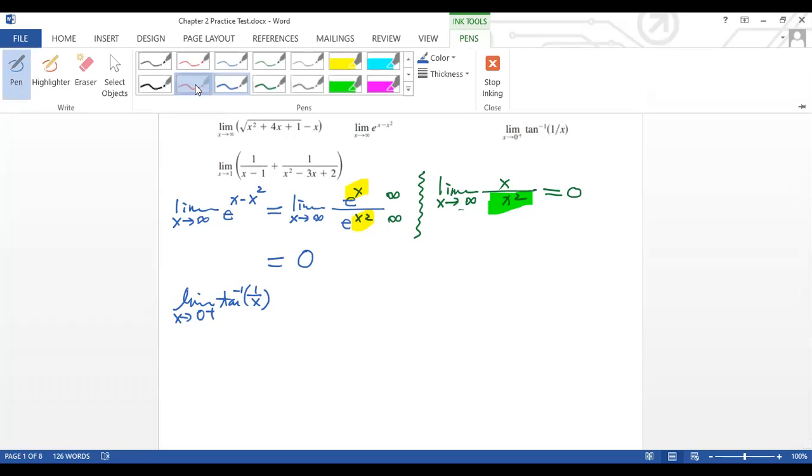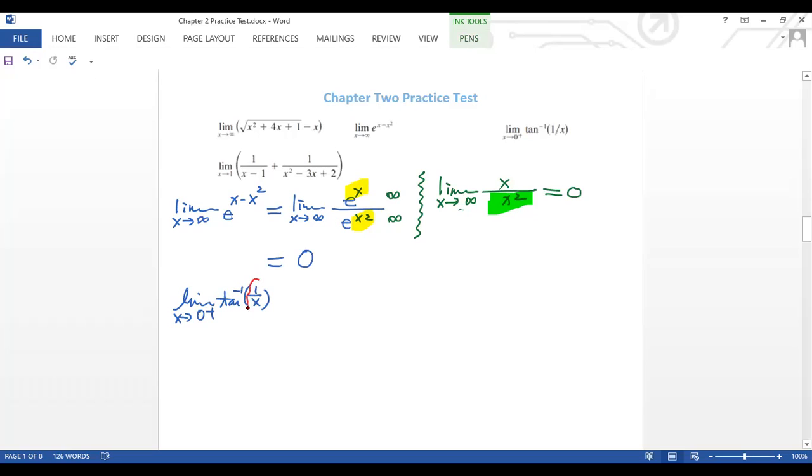So what is 1/x when x approaches 0? If you have a denominator approaching 0, this is from the right-hand side, so it's going to approach positive infinity, right?